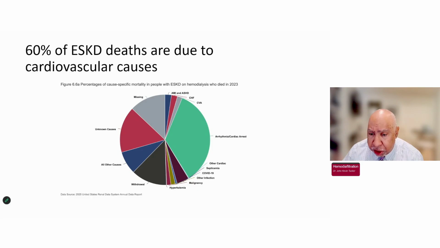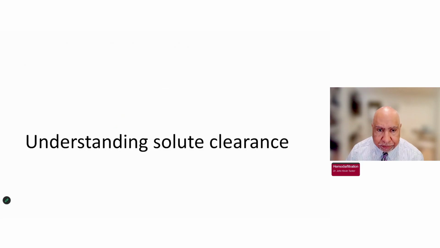But things like congestive heart failure, acute myocardial infarction, and atherosclerotic heart disease account for a smaller proportion of those cardiovascular deaths. So anything that we can do that will mitigate cardiovascular mortality is likely to improve the overall survival of our hemodialysis patients.